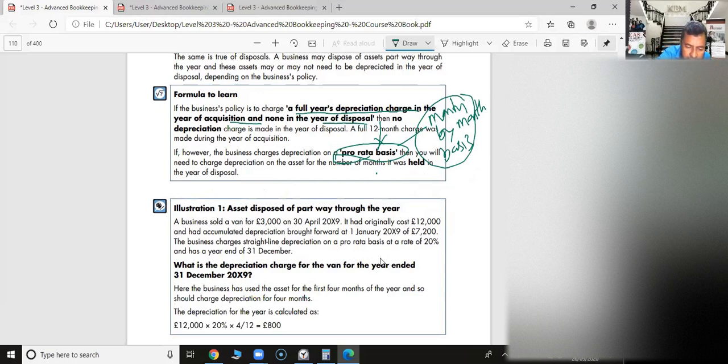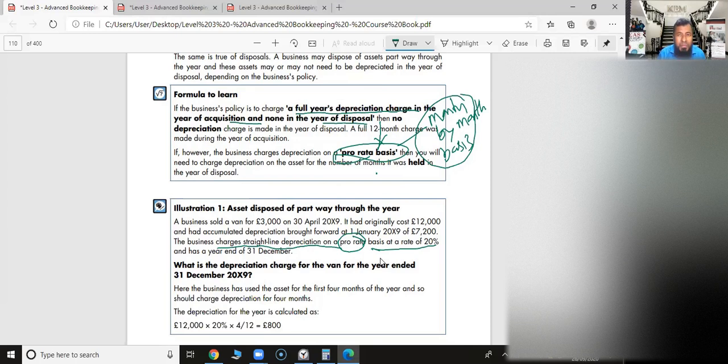Look at this. The business charges a straight line depreciation on a pro rata basis. Pro rata basis means month by month basis. You need to calculate how many months the asset was held in the business for, and charge that many months' depreciation. This is more accurate, doesn't it? But for ease of accounting, we charge full year depreciation and none in the year of disposal, because it's not just one asset we're buying and selling. There could be hundreds of assets.